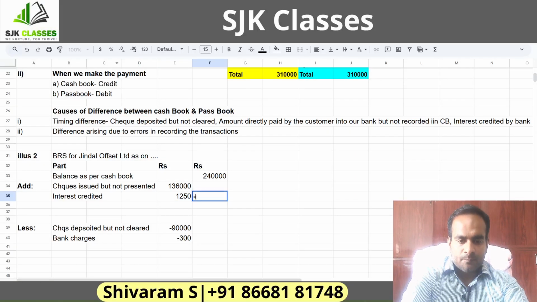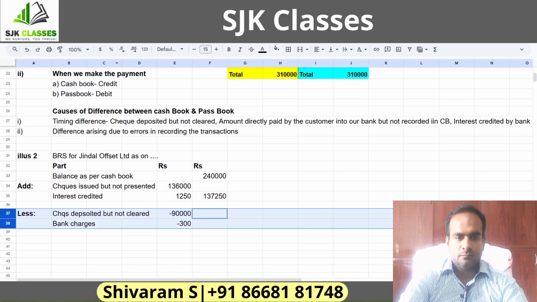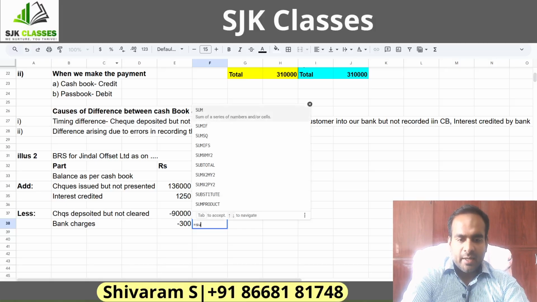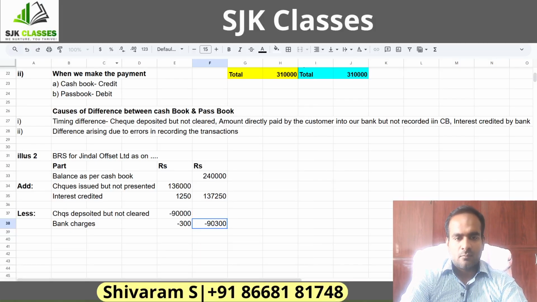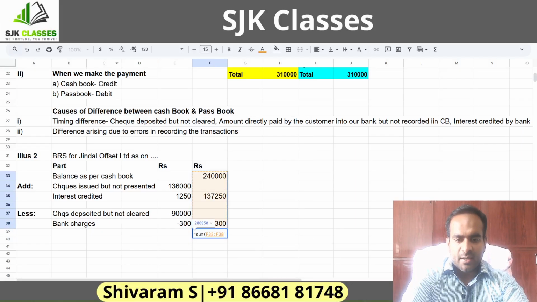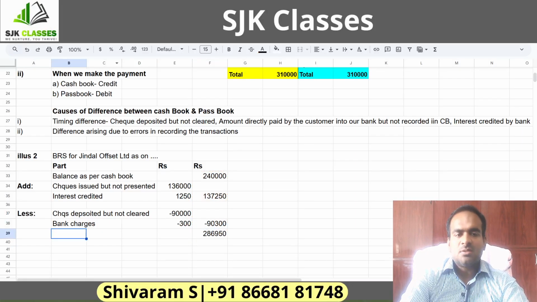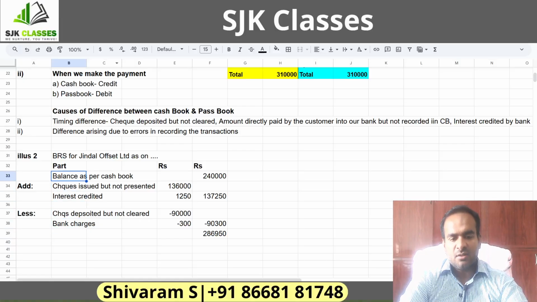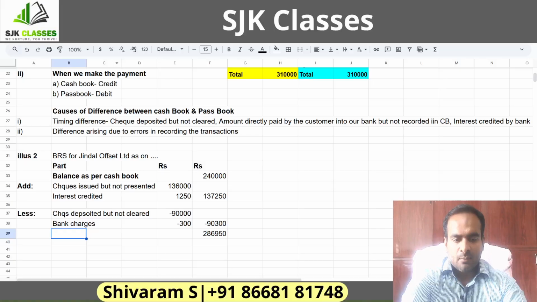Now, what you should do, take this amount to the outer column and take up the negative portion to the outer column. Now, find out the revised balance. If you do this plus and minus, what is this balance called? You have started with cash book balance as a base. So the resulting answer will be called what? Balance as per passbook.